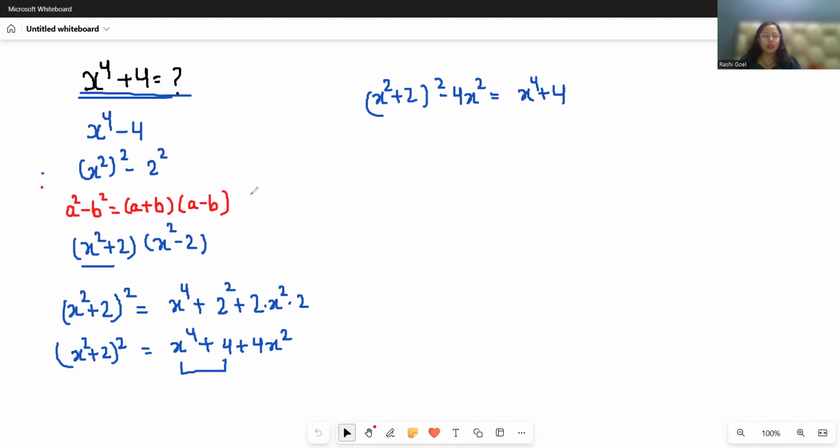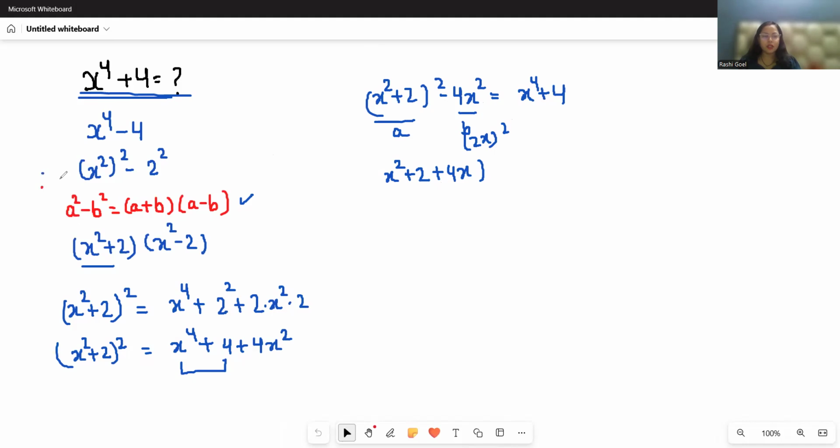Now again I'm using the same identity, a square minus b square. So this is a and this is b. So this is equal to (a plus b)(a minus b). So a plus b, where b you can write 4x square as (2x) whole square.